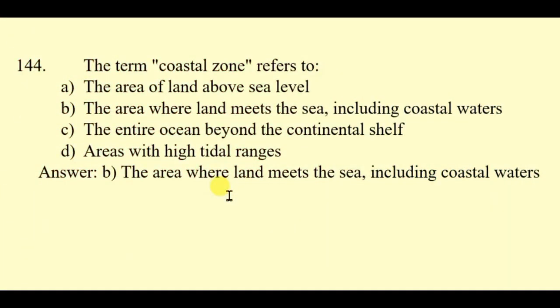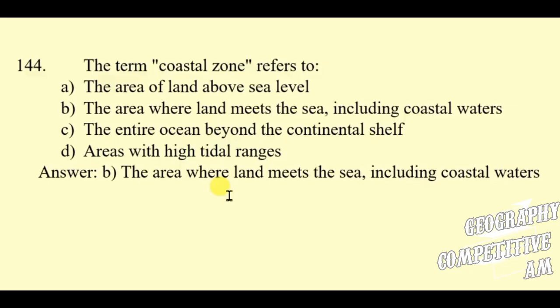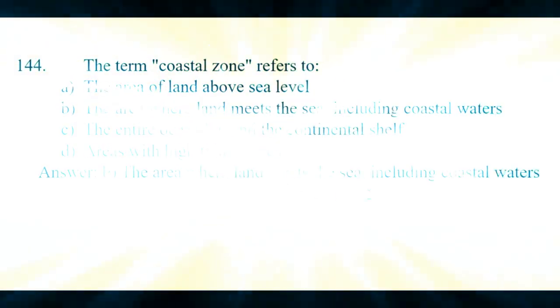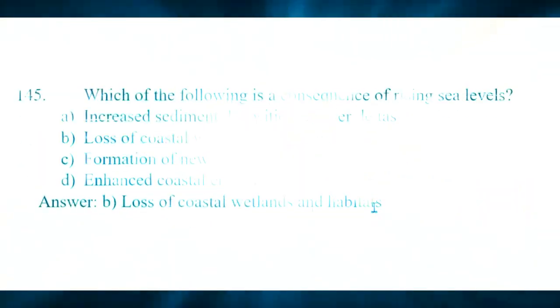144. The term coastal zone refers to the area of land above sea level, the area where land meets the sea including coastal waters, the entire ocean beyond the continental shelf, areas with high tidal ranges. Here the right answer will be the area where land meets the sea including coastal waters.